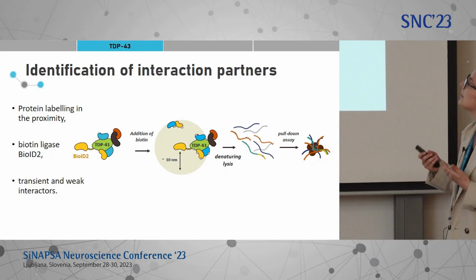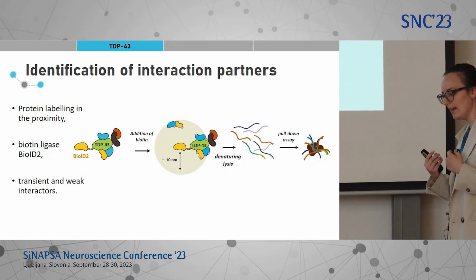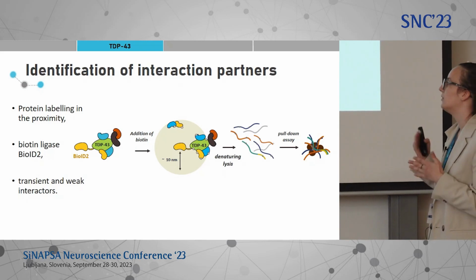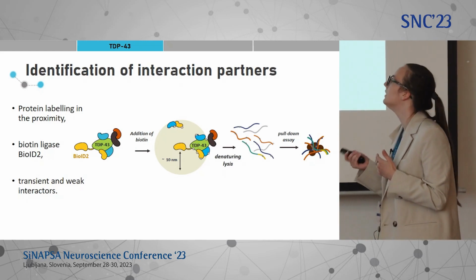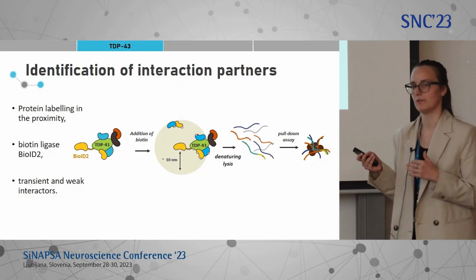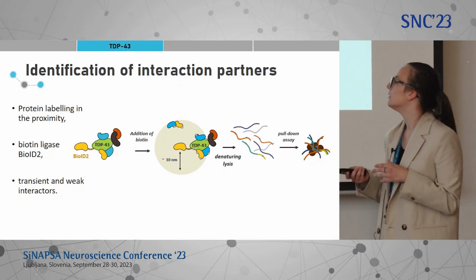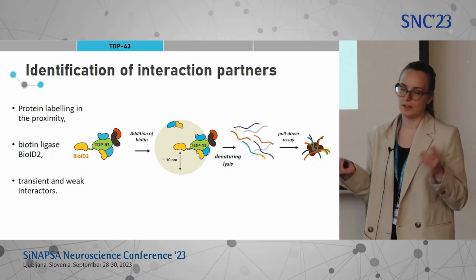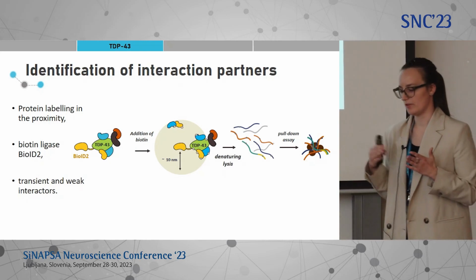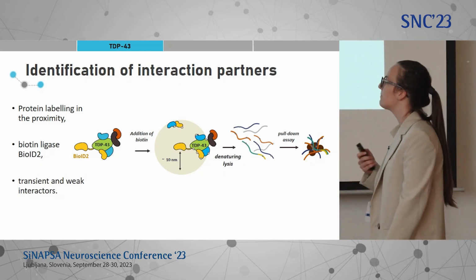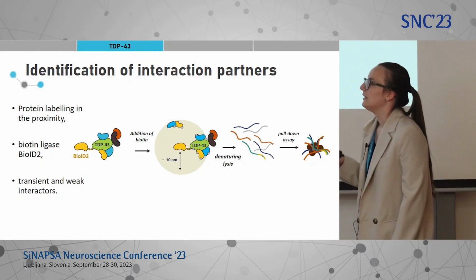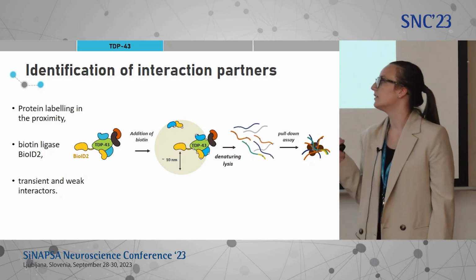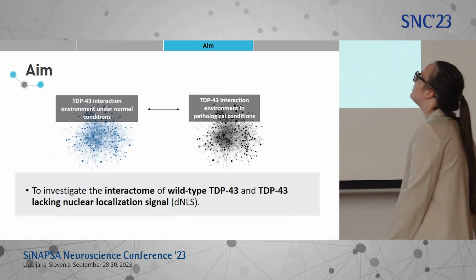When you add biotin, the biotin ligase is activated and starts labeling the proteins in the near proximity of TDP-43. You then pull down the proteins and send them to mass spectrometry, and voila, here is the interactome of your protein of interest. The advantage of the BioID method is that you can detect transient and weak interactors.